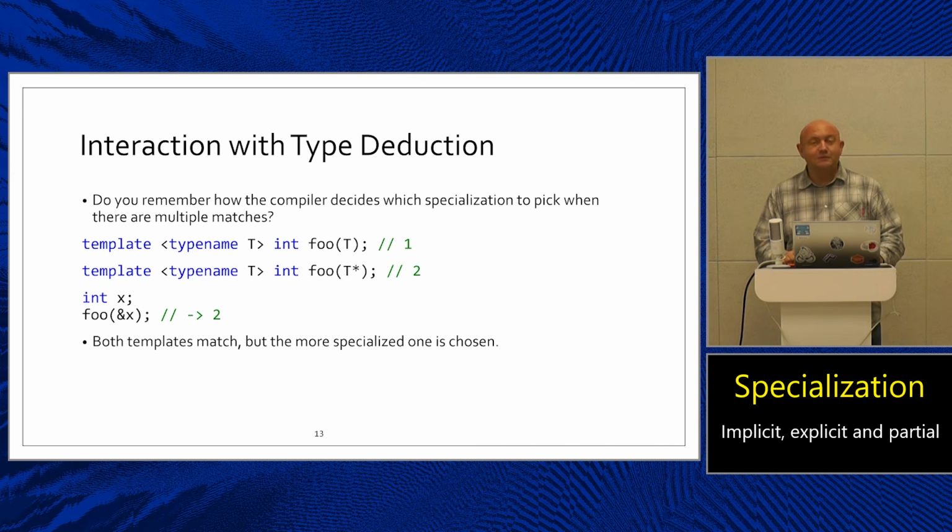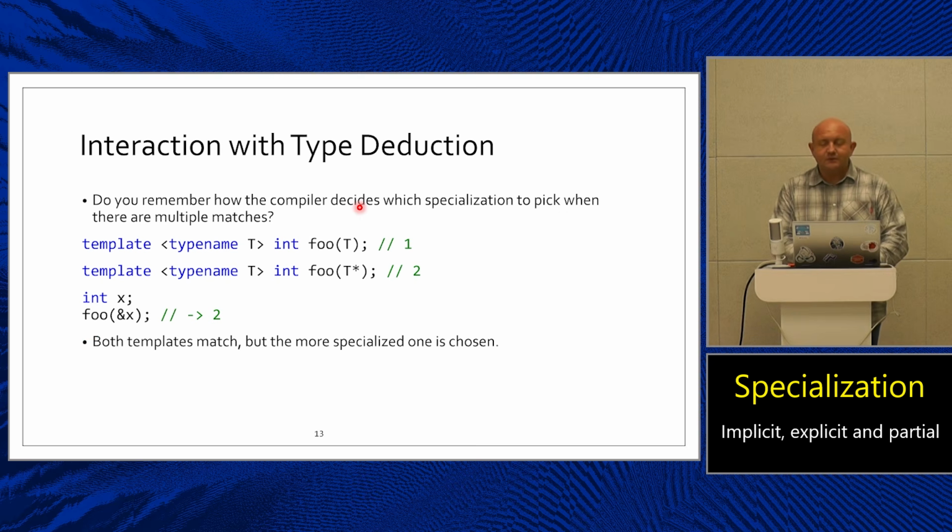Everyone remember this from last time, right? We recall how the compiler decides which overload to pick when multiple templates match. Both templates here, this and this one, match the call foo of address of X, but template number 2 is chosen because it's more specialized.